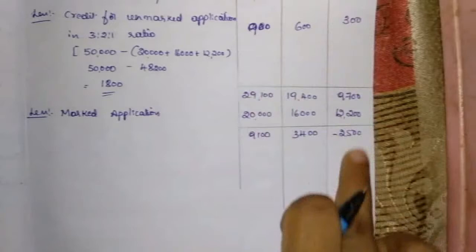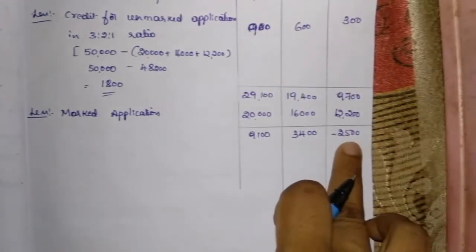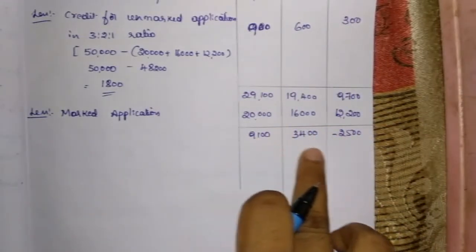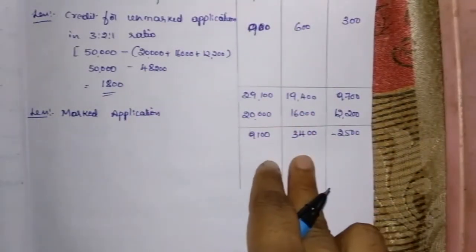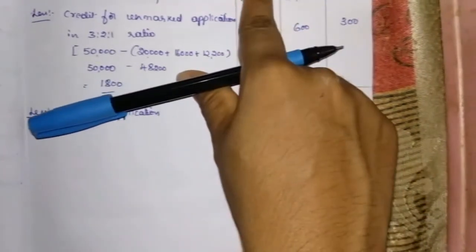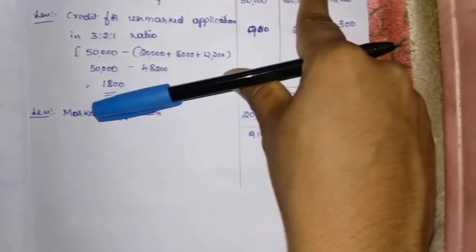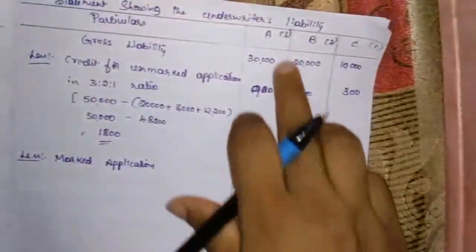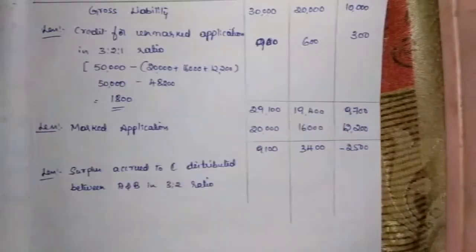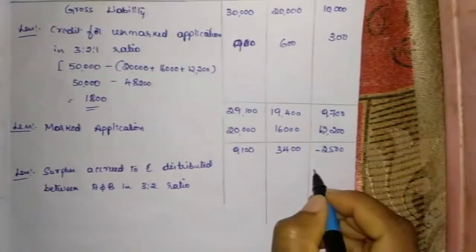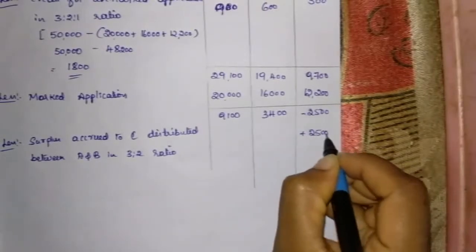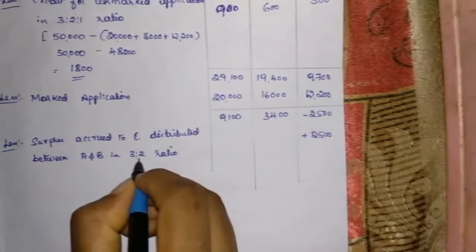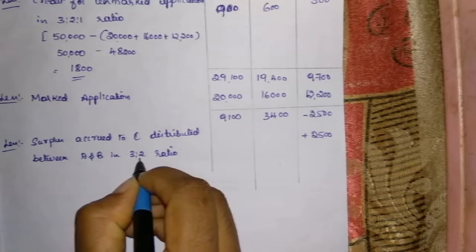That means here C gets a surplus. So this surplus we have to credit to A and B in order to reduce their liability in their ratio, that is 3:2. So the total surplus is 2,500 shares. This 2,500 shares we have to share in the 3:2 ratio.